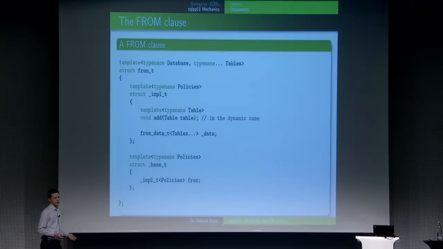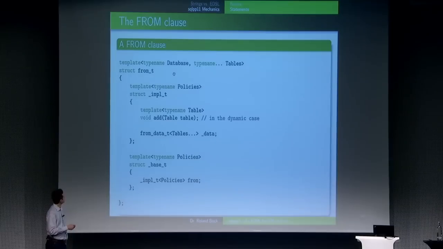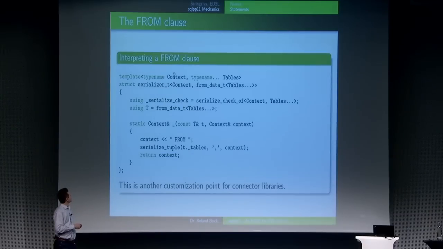And if we're in the dynamic case, or if we have a dynamic from, then this will have the add function so that you can add additional tables to your from at runtime.